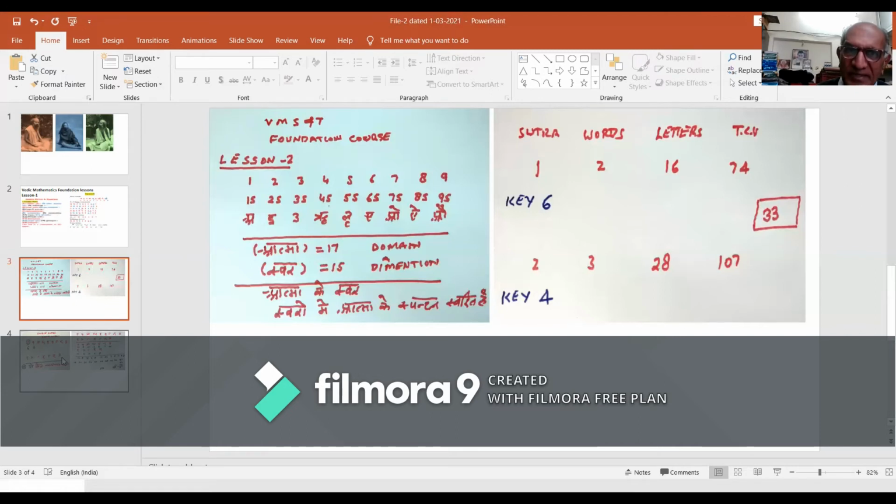Let us have a pause. The number value 9 is now of TC value 17.